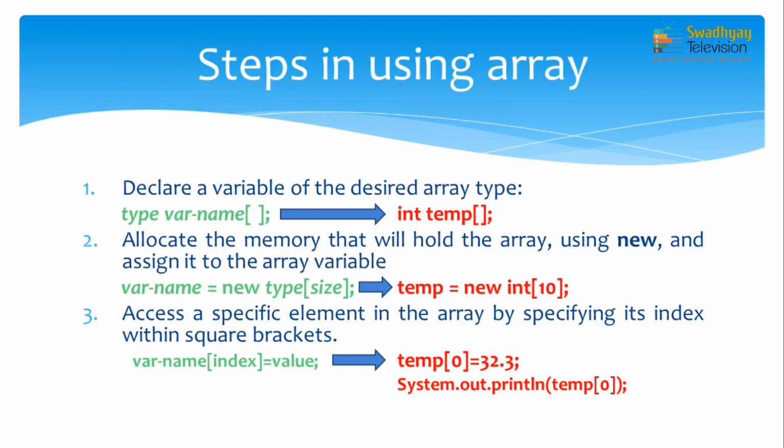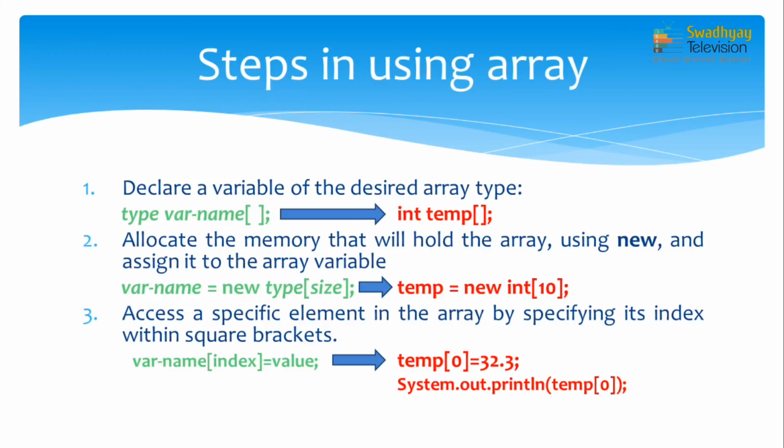Here we write temp is equal to new integer and in brackets we write 10. So, now actually 10 integer values are reserved for temp and you can store 10 values inside temp. Now, remember that after new we specify the type. This type should match the type used in the declaration, because Java is a strictly typed language.